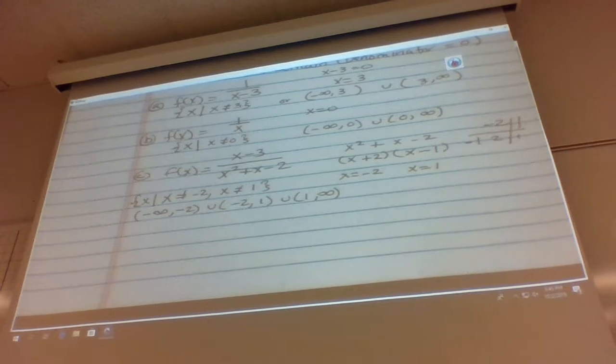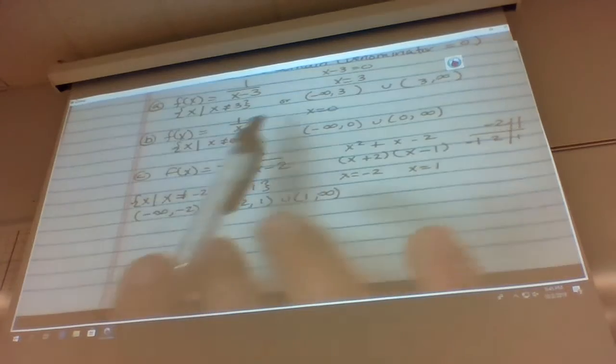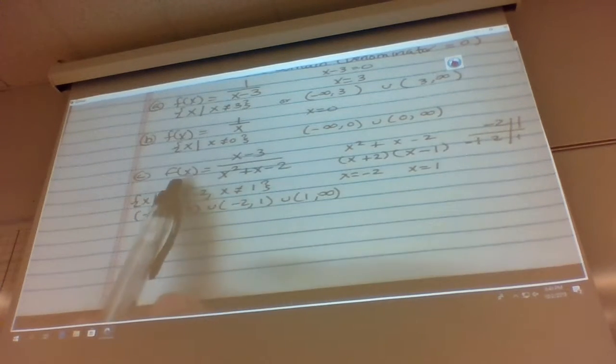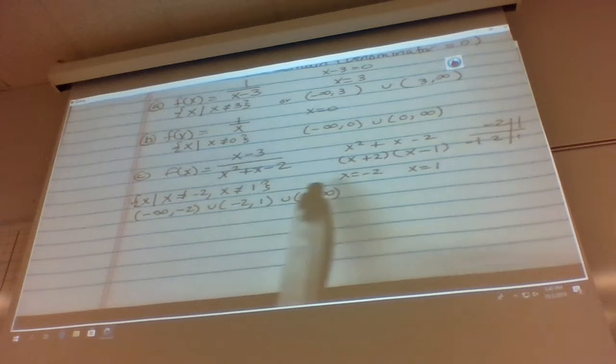Do this last one. F of x equals 2x plus something over 2x minus 6. So try to do that one right there.